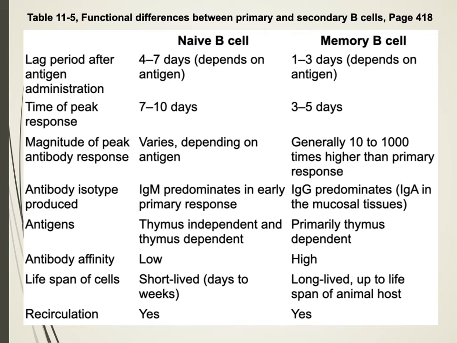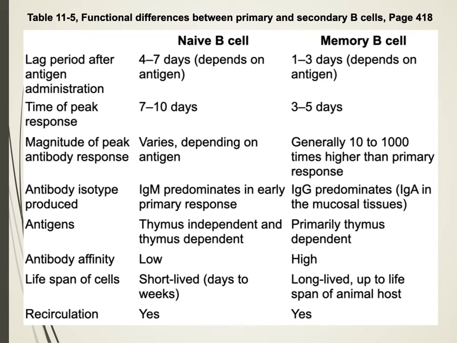If we didn't have the memory population and we had a secondary exposure and we just had to rely upon the naive B cells, then we're talking about a lag of 4 to 7 days, with the peak being at 7 to 10 days. Just imagine that a microbe is allowed to grow for 7 to 10 days on a secondary exposure.